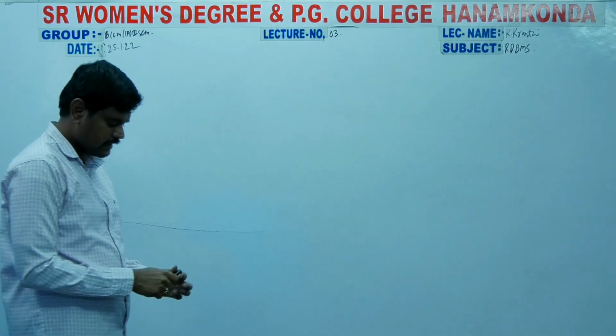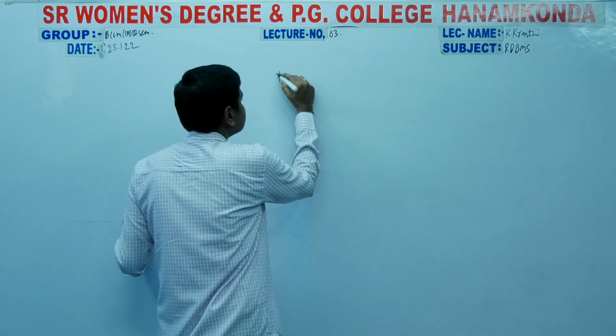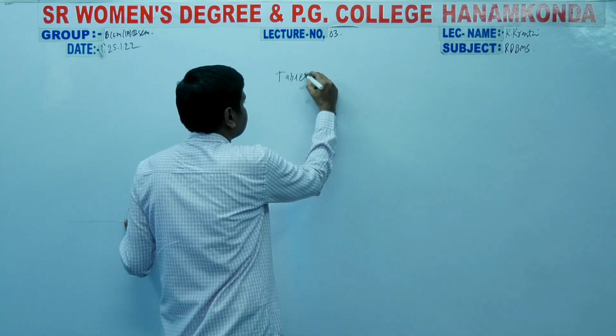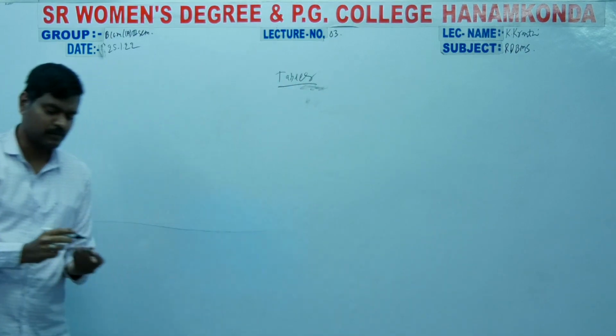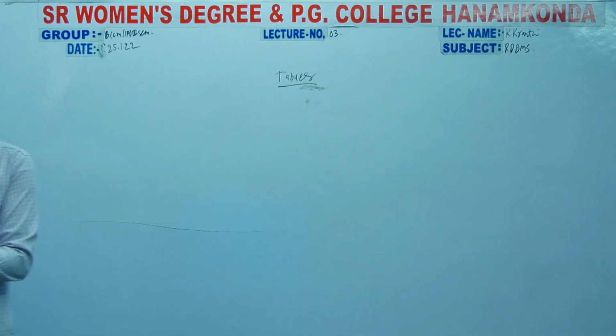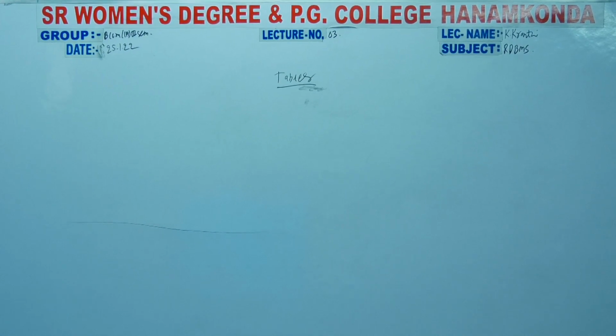Generally, in a database we can perform operations on tables only. While performing operations on our table, sometimes we won't get the exact table here.